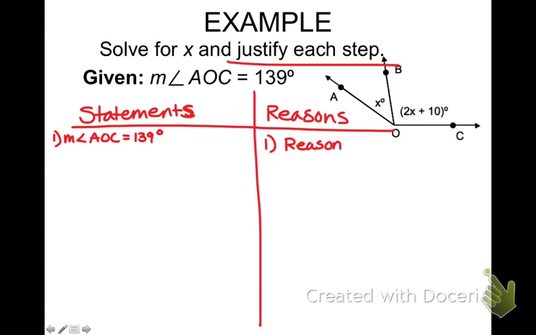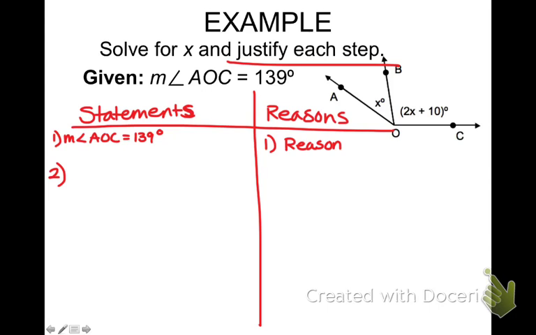So the pain about proofs is you need to make sure you put every single step into play. Before I can just start taking x and adding 2x plus 10 to it, I need to physically write out the names of the angles that I am adding together. So my second line is not going to be the algebraic expressions. My second line is going to be the name of the angles.